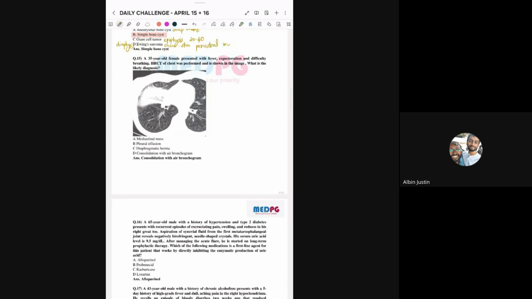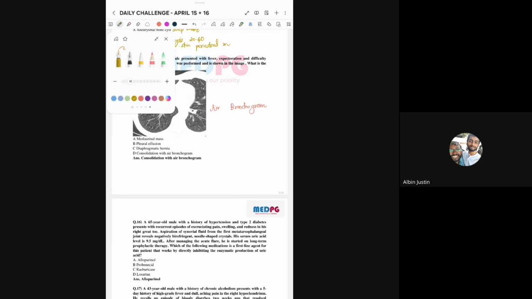Question number 15. HRCT of a female with history of fever, expectoration, difficulty in breathing. So what do you see here? You see air bronchogram, which indicates an infective lung pathology.